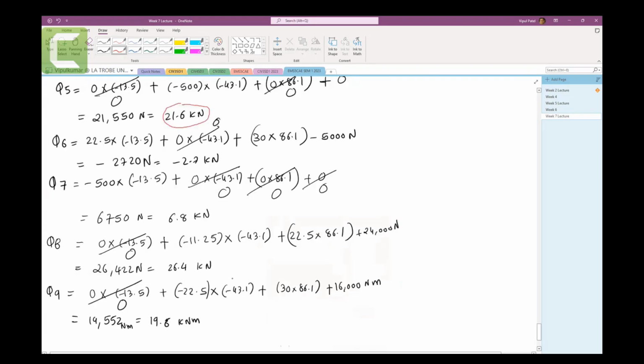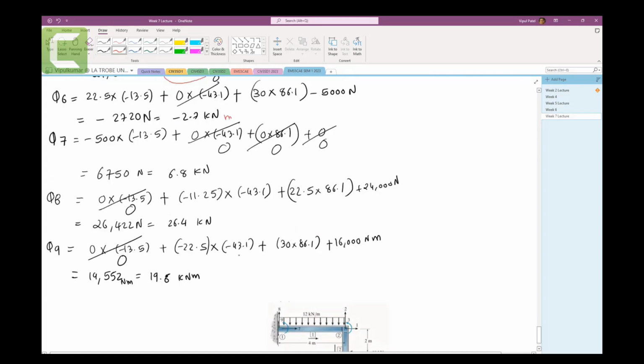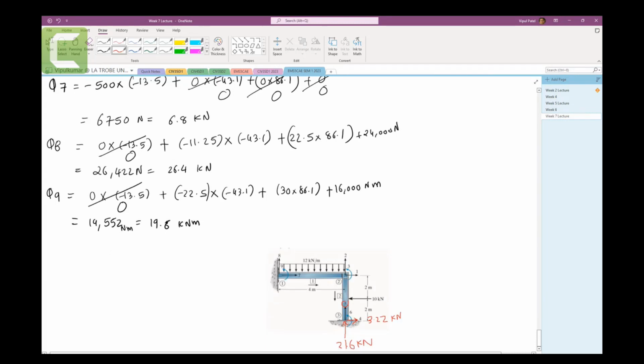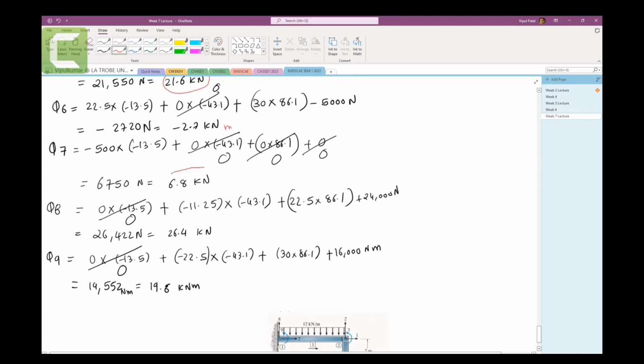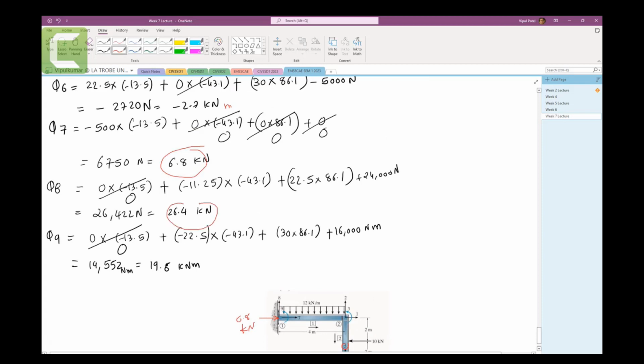Moment reaction 6, 2.7 kilonewton meters, which is negative. If you get a negative answer, you do not need to do anything. You just need to put the opposite of these ones. That's the arrow coming this way. So it is 2.7 kilonewton meters. Now Q7 is 6.8 kilonewtons, so Q7 is going this way. Q8 is 26.4, a positive answer.